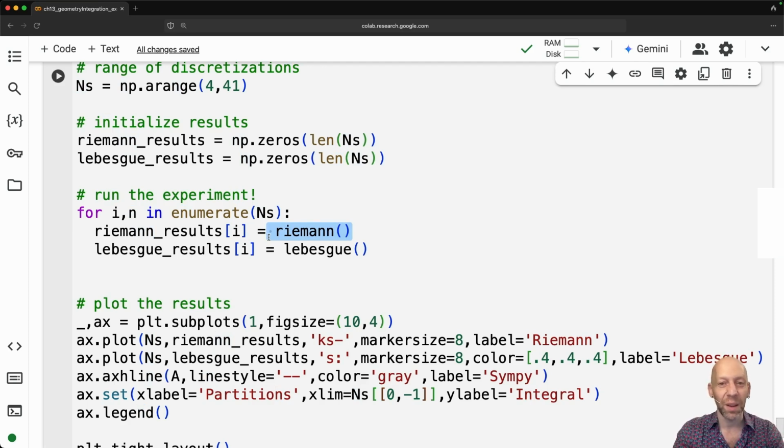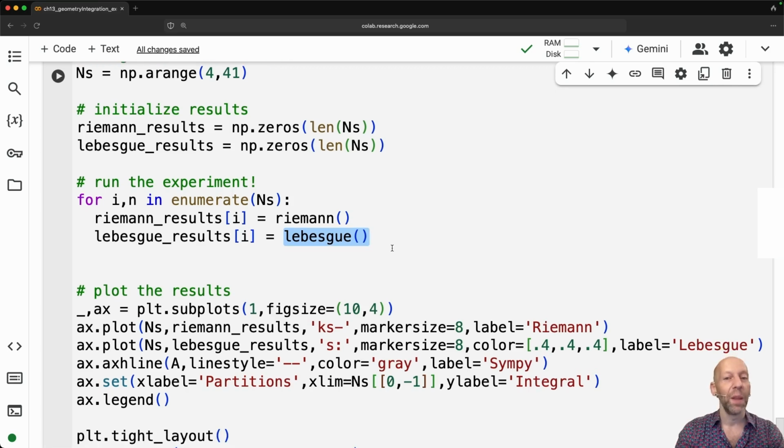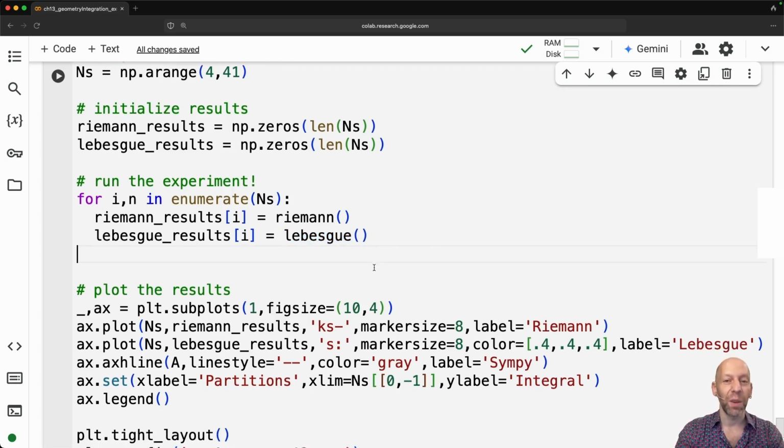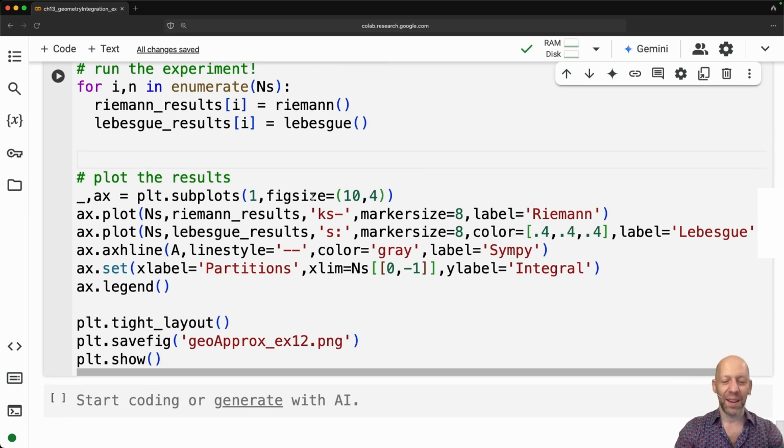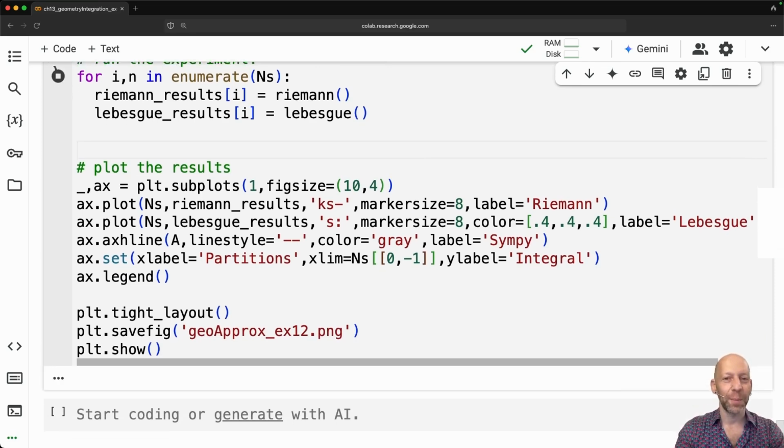They're not designed to work for any random function. And then I'm just storing the results, the output of these, which is the approximation of the area by the Riemann or the Lebesgue method. So pretty straightforward. Once you've done the previous exercise 11, that was pretty tough, this is a little bit easier. And then just plotting the results here.